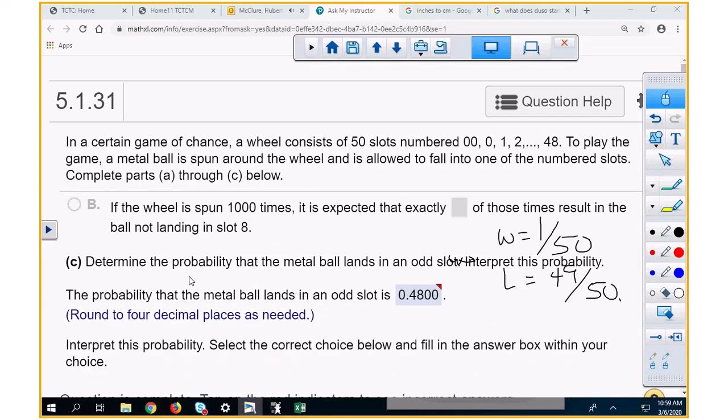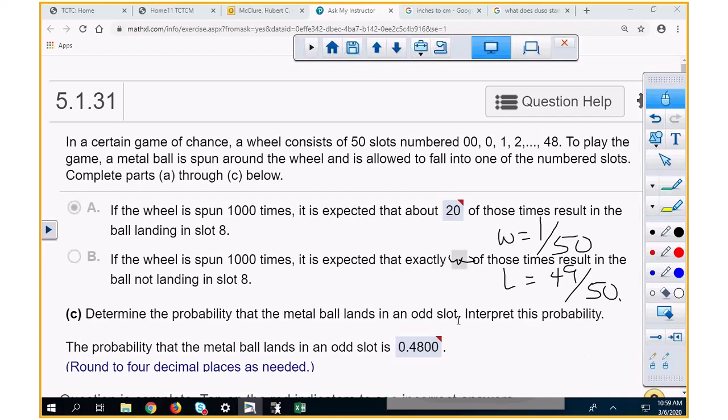Determine the probability that the metal ball lands on an odd slot. Well, half of 48 is what? So it'd be 24 over 50.